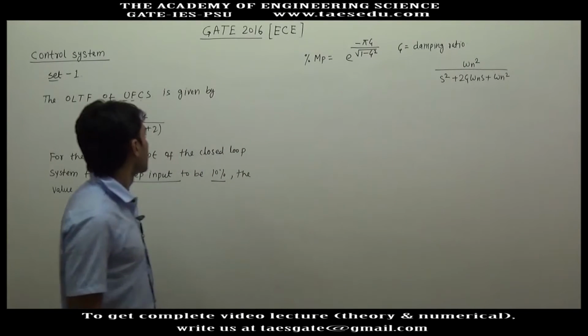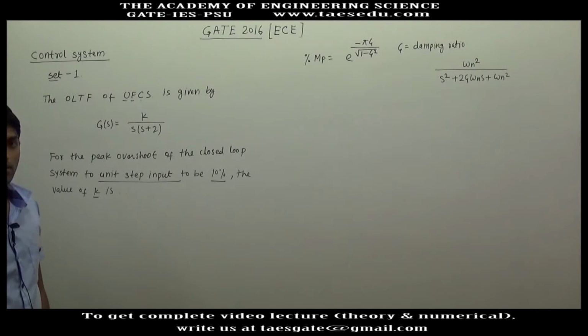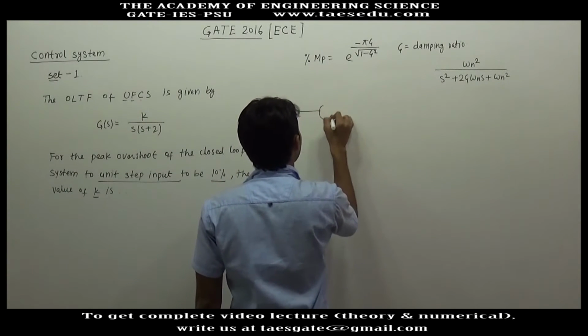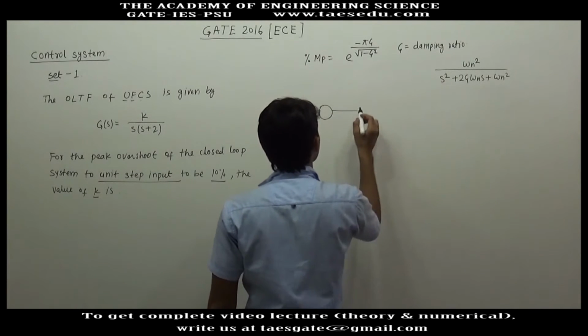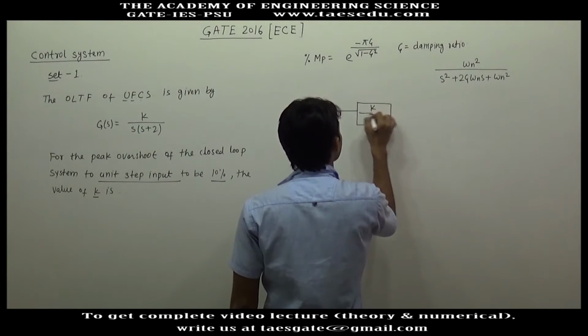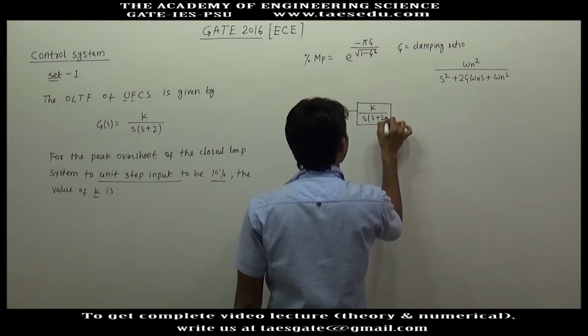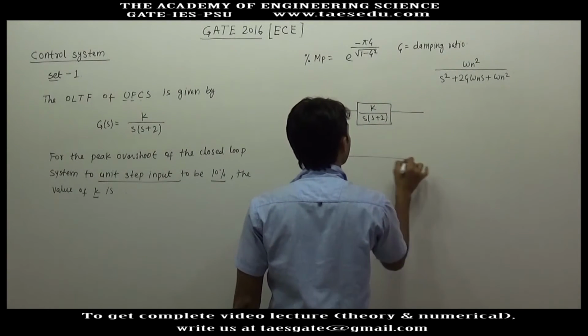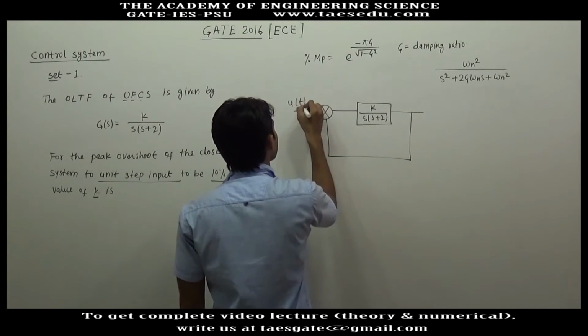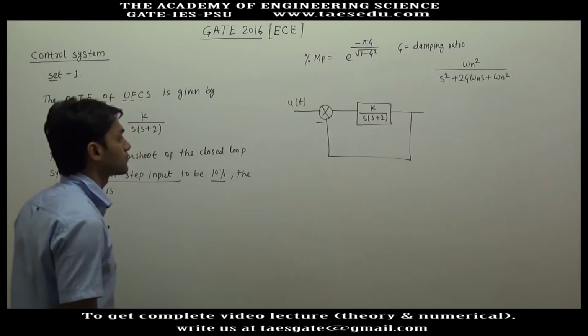So if I make the block diagram of the closed loop system, the unity feedback closed loop system, then we will have k divided by s into (s plus 2). Here we have negative unity feedback, and this is the unit step input.